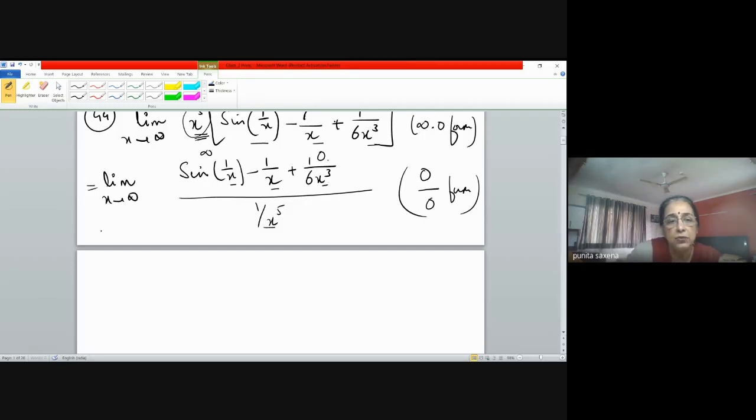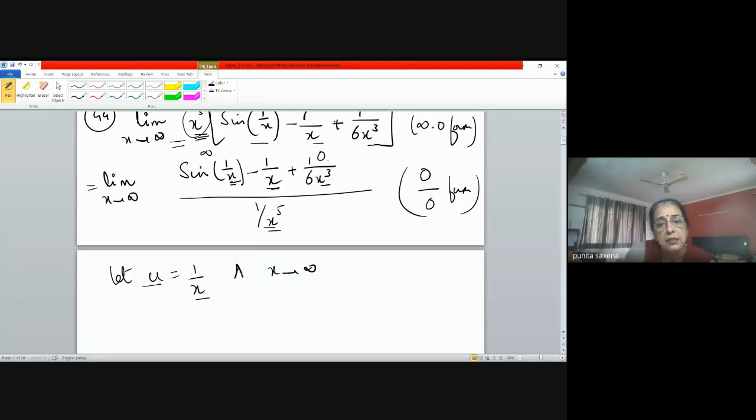So what I can do is, instead of continuing with 1 by x everywhere, we can make a substitution: we assume 1 by x to be u or y or whatever you want. Now, our original problem is in terms of x. What we are doing is replacing our variable x with a variable u. In the original problem, my x approaches infinity.